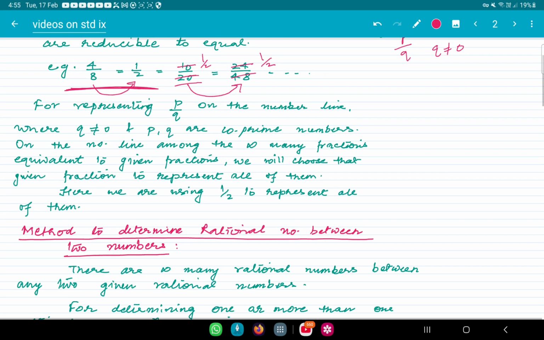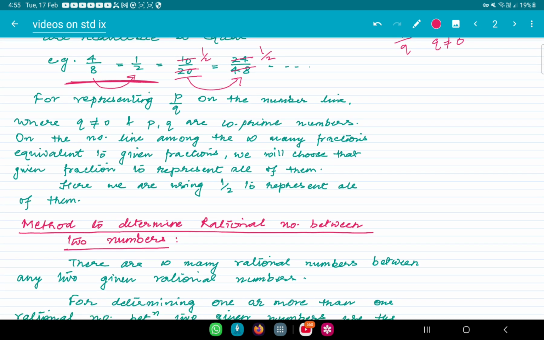For representing p by q on the number line, where q is not equal to 0, p and q are co-prime numbers. So what are co-prime numbers? How can we say that given numbers are co-prime? Co-prime numbers are numbers which have only one as a common factor.